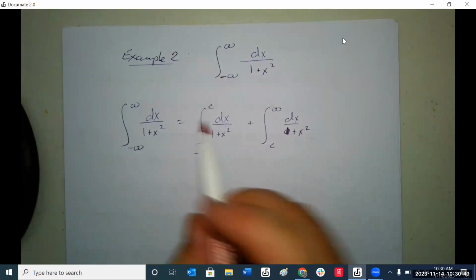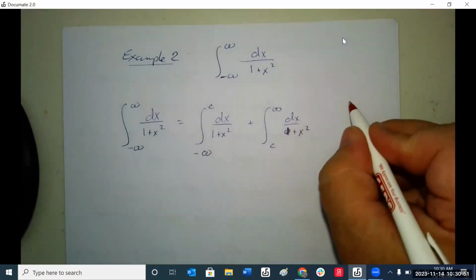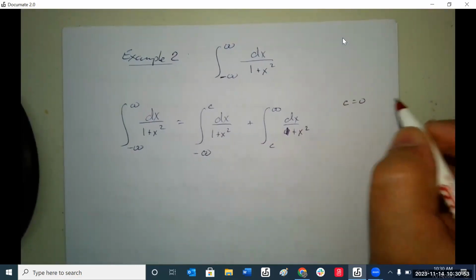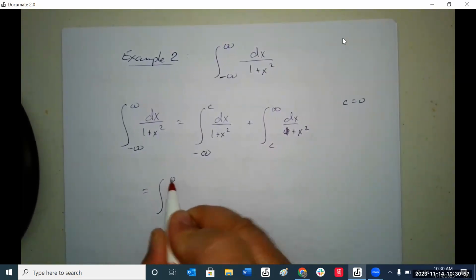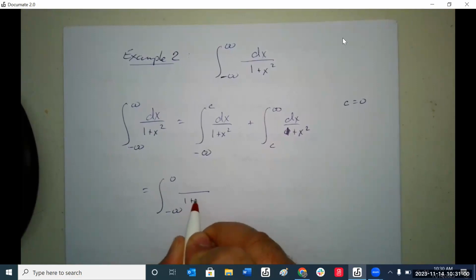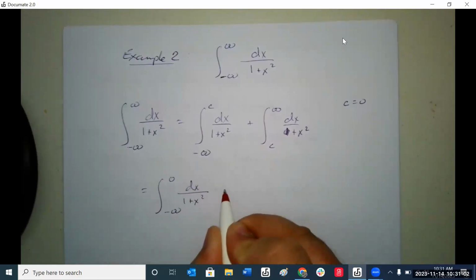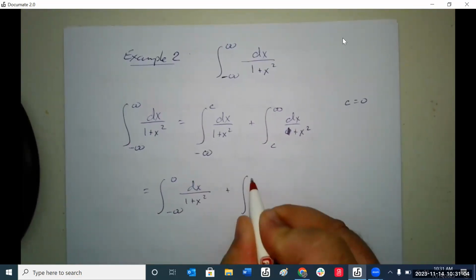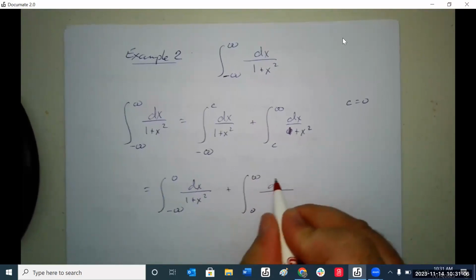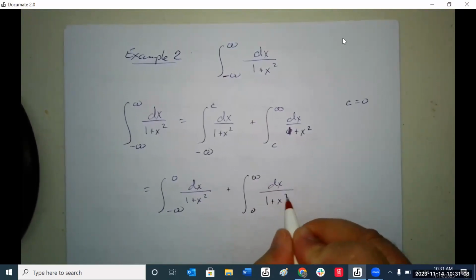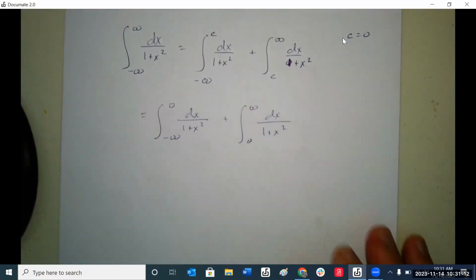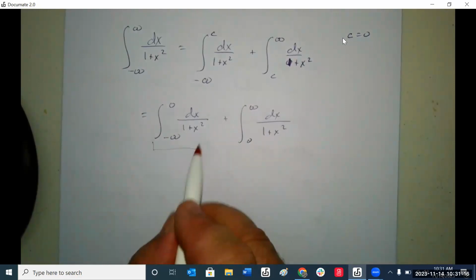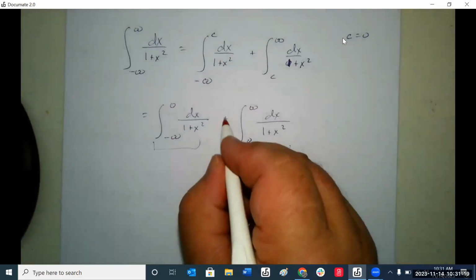Okay, so you pick any value of c you want. So in this case, let's pick c to be 0. Let's look at both of these since we'll treat them both separately.